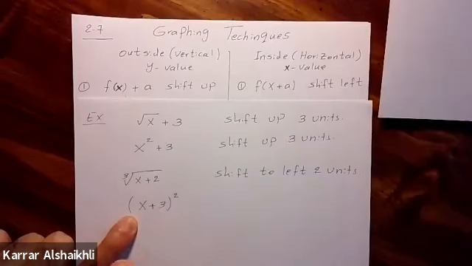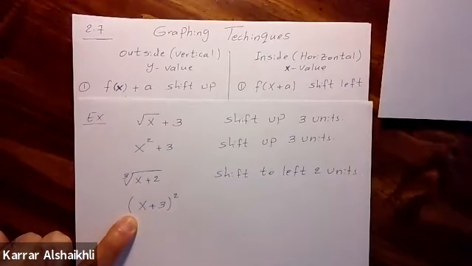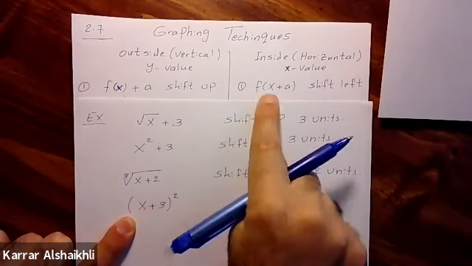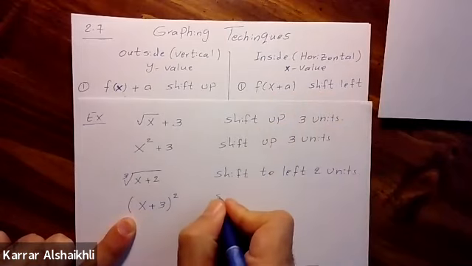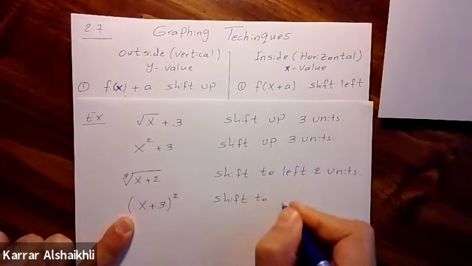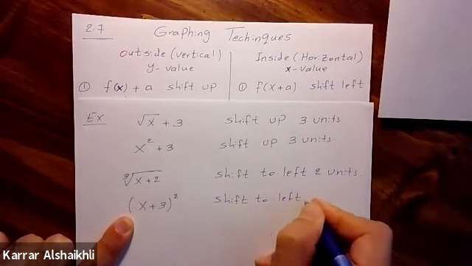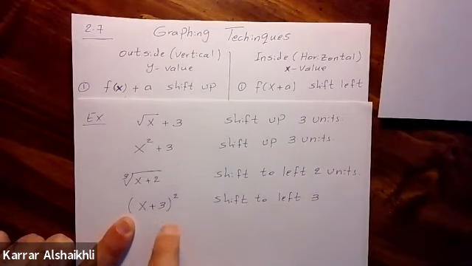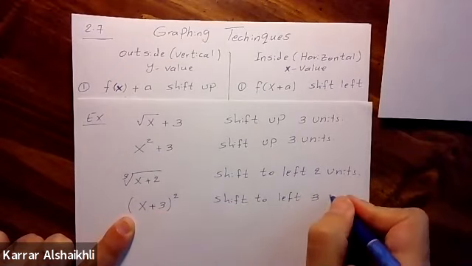That's why the number exists inside the function. So it's going to be a horizontal technique. That means it's going to be left or right. It's a plus 3, exactly the same rule here. So we're going to say shift to the left. How many units? It depends on this number, 3 units.